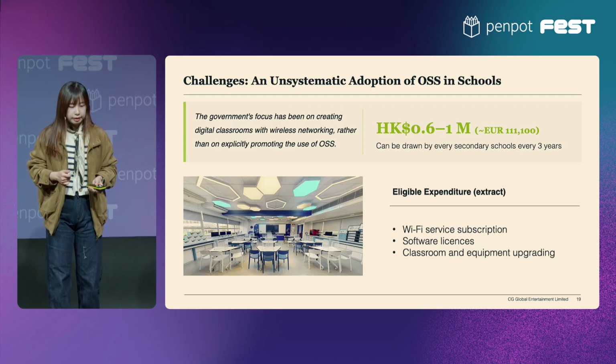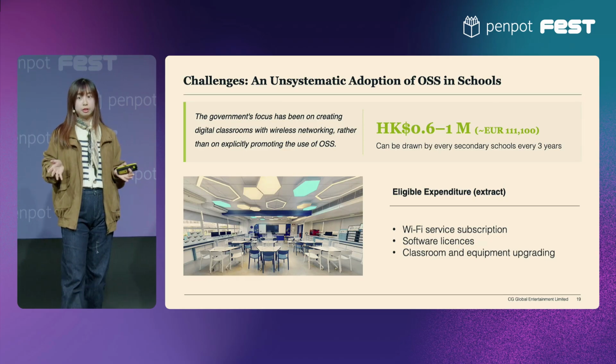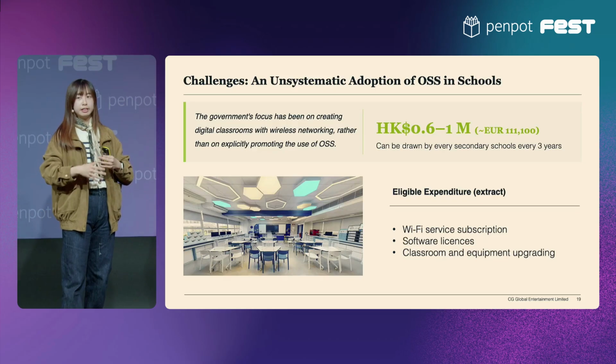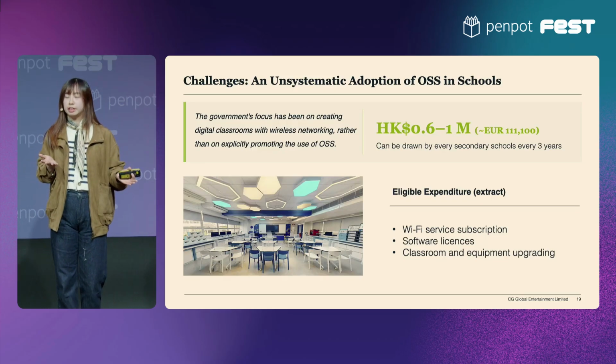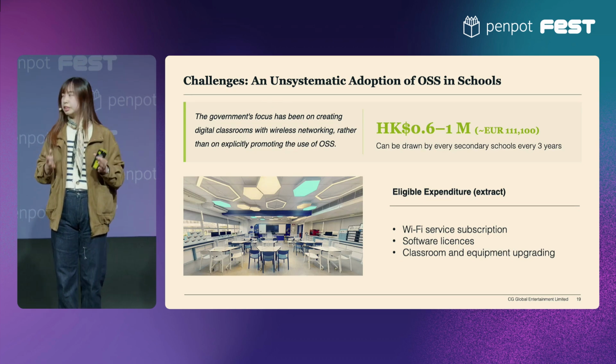So that's why we think about it: why don't schools switch to open source teaching? It's a smarter way to help them save money, and to allocate their budget to buy better teaching materials, as well as conduct more professional teacher training.